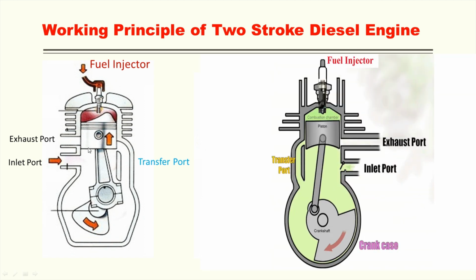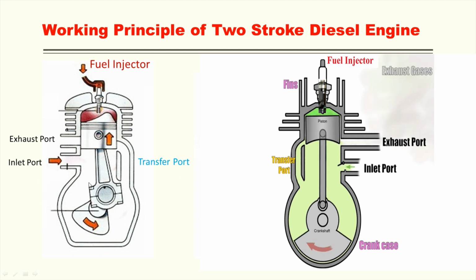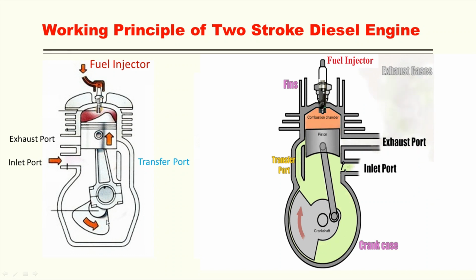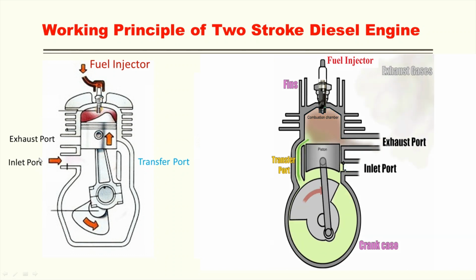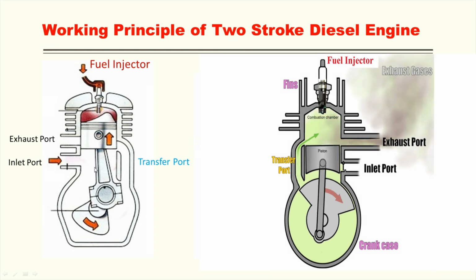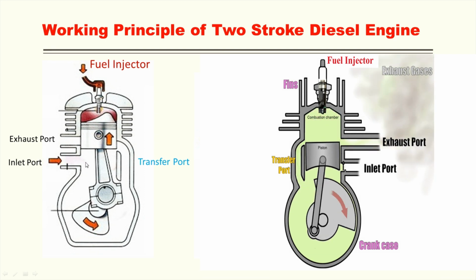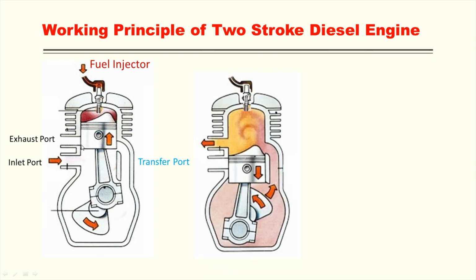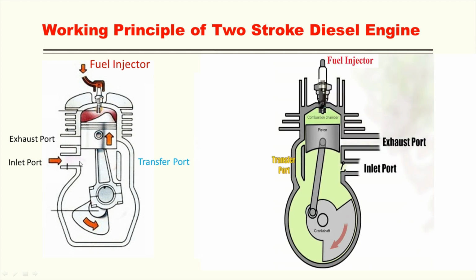Whenever the piston travels from BDC to TDC, negative pressure is generated in the crankcase, and it will allow fresh air from the inlet port, because it is uncovered. Here I am using two words, cover and uncover. Cover means close and uncover means open.